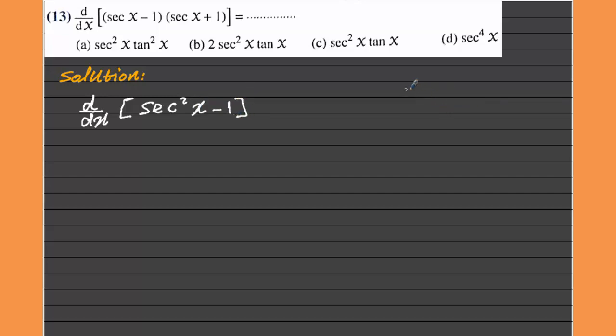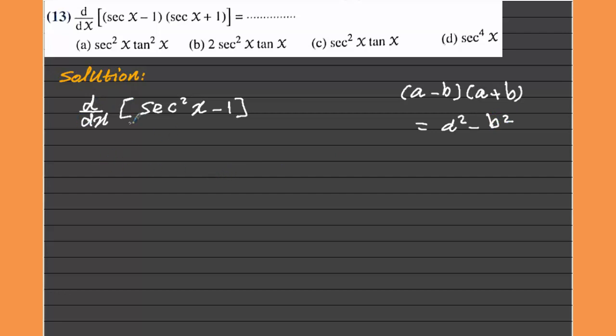Remember that if you multiply a minus b times a plus b, the result equals a square minus b square.